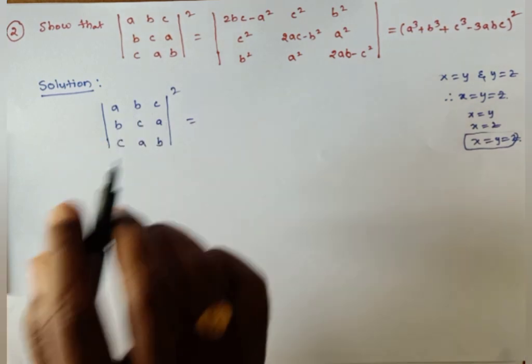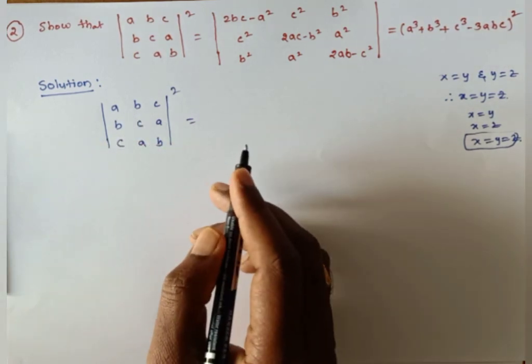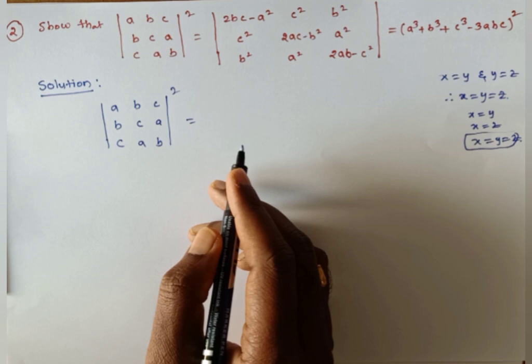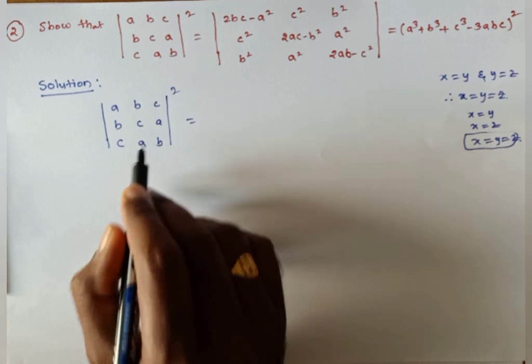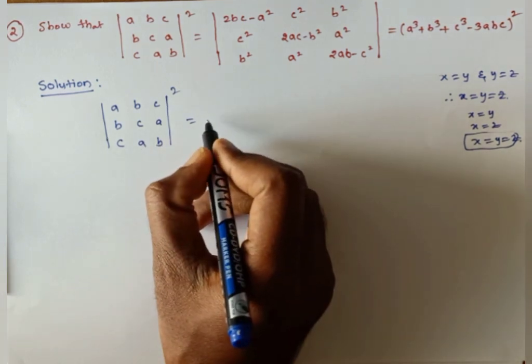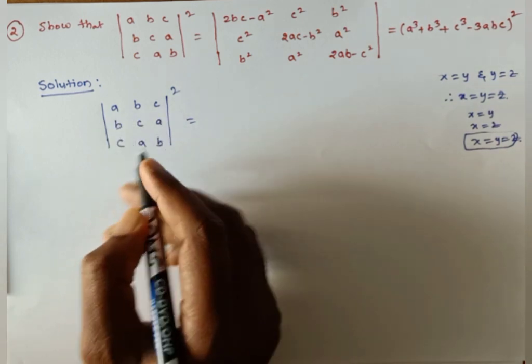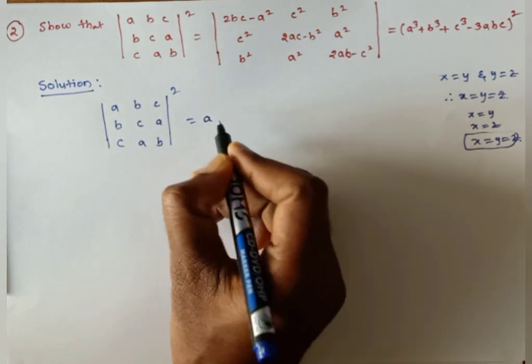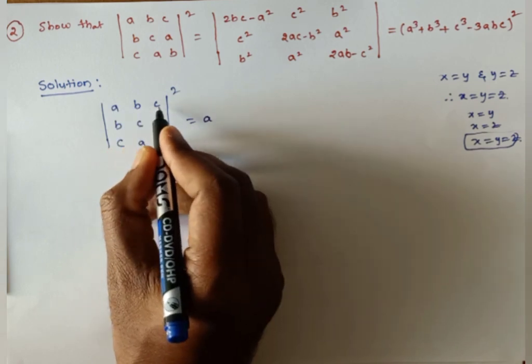Okay, now you know how to apply the definition of the determinant of a 3 by 3 matrix. Now in the same way apply along the first row. So this is A times of positive, negative, positive, right?